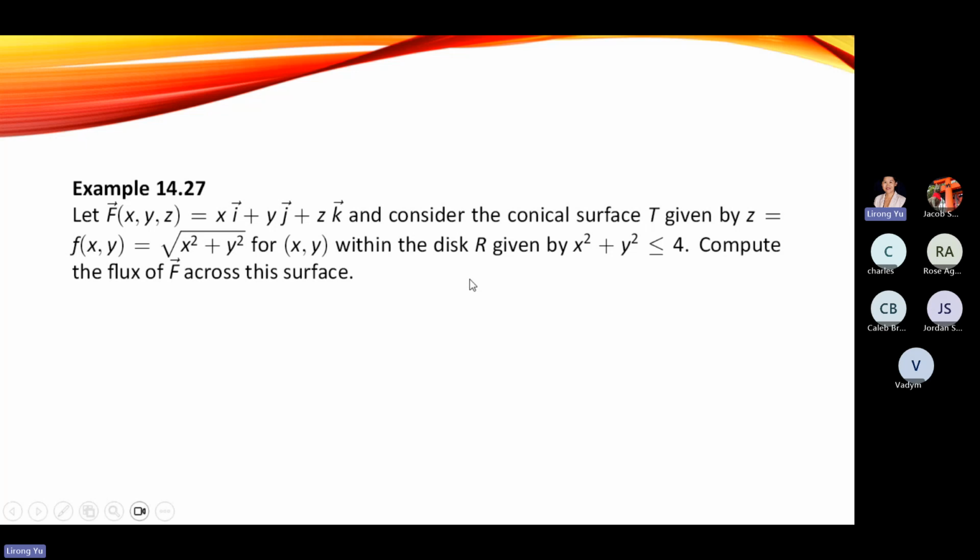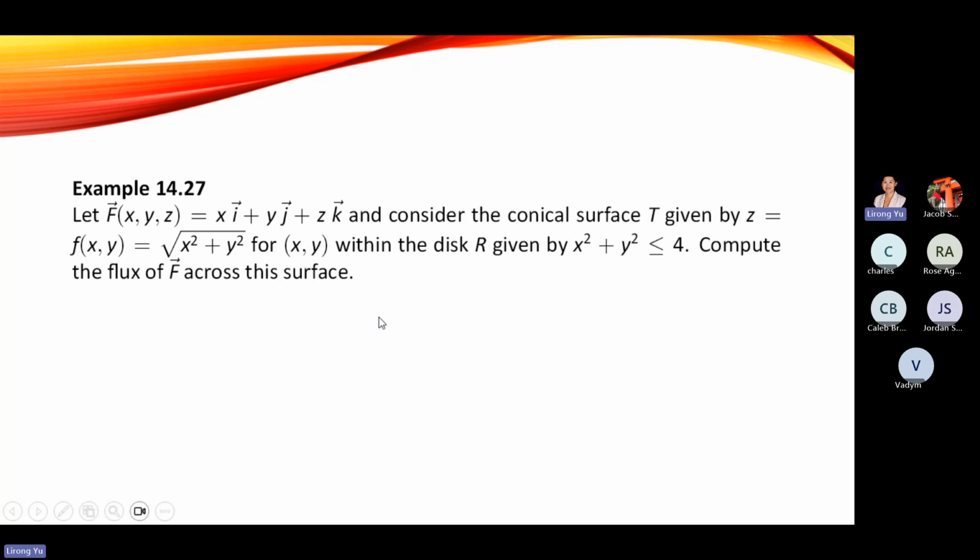And x squared plus y squared less than 4 is within a circle of radius 2. So the cone is not infinitely large; the top of the cone has a radius 2. We're going to calculate the flux of F across this surface.